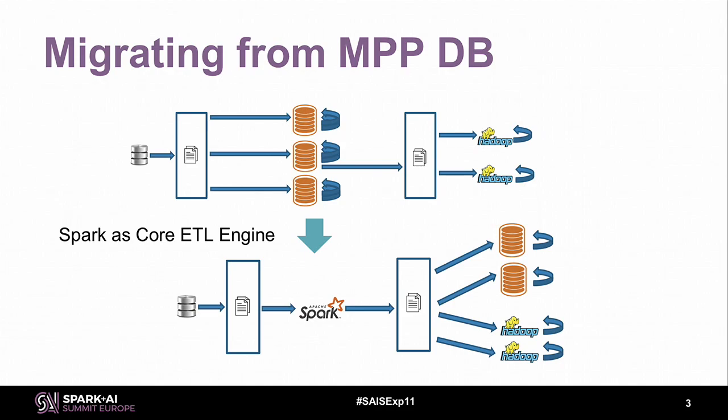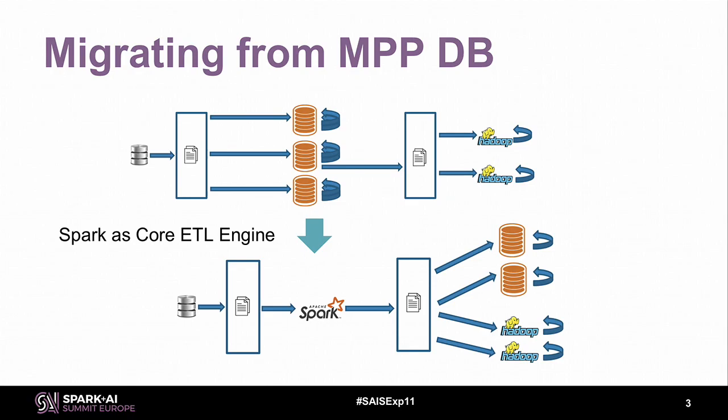In stage 3, the processed data were distributed to the downstream data mart. Nowadays, we are replacing stage 2, the MPP data warehouse, with Spark. So the data pipeline will become Oracle, Spark, and the downstream data mart.